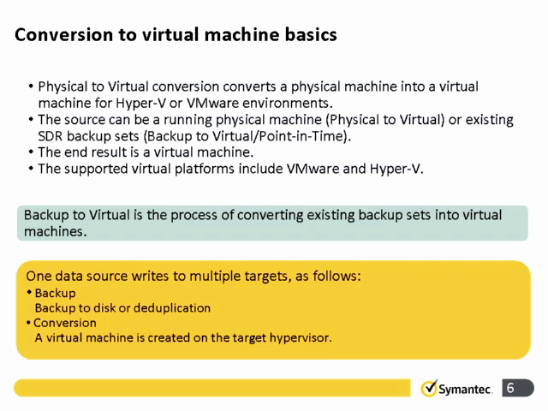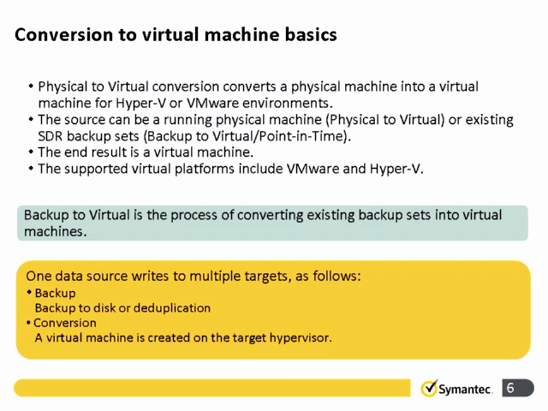And if it is an SDR backup, I can do a backup to virtual, or I can do a point-in-time virtual conversion. The end result of whether it's a P2V, a B2V, or a point-in-time is a virtual machine that is already placed on the host and ready to be powered on.